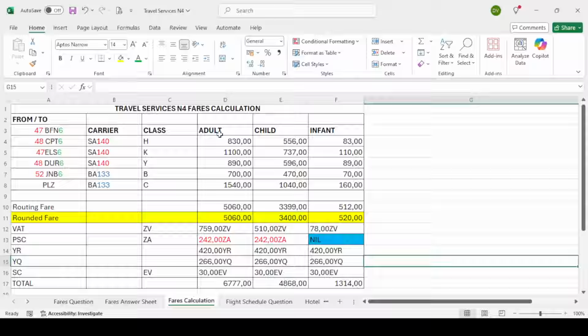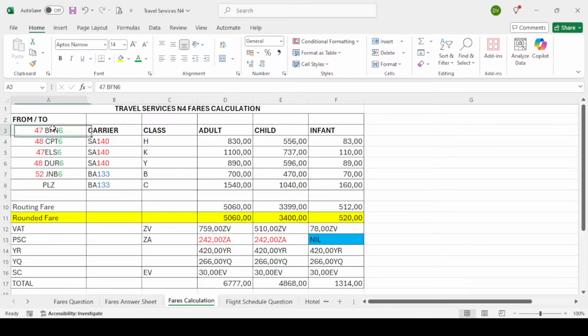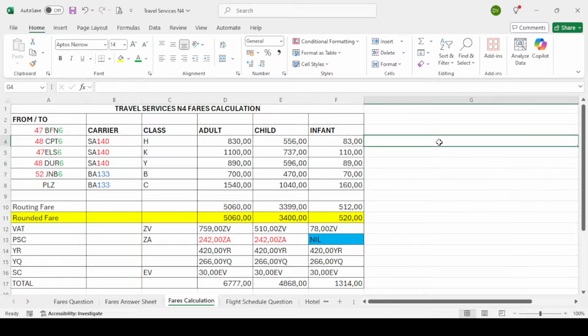To recap, you're going to first find your flight. Make sure you're looking at the correct airline, the correct class. You put in your fares. For SAA, you have to work out 67% of the adult fare. That is what the child pays, and the infant pays 10% of the adult fare.